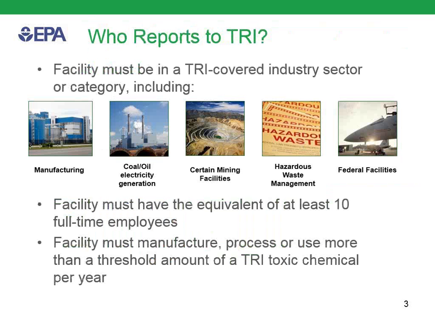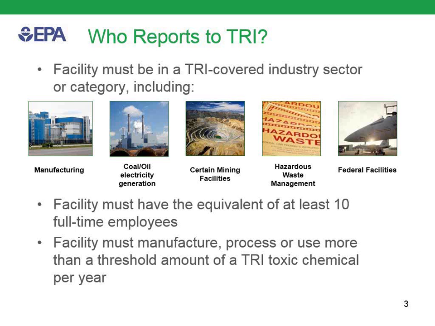So who reports to TRI? This is a key question, because if you're wondering why there is not information on such and such, then it has to do with our requirements for who actually reports. There's a little over 20,000 facilities that report to TRI each year, and they do so because they meet 3 statutory criteria.